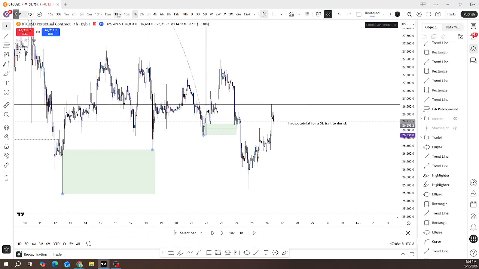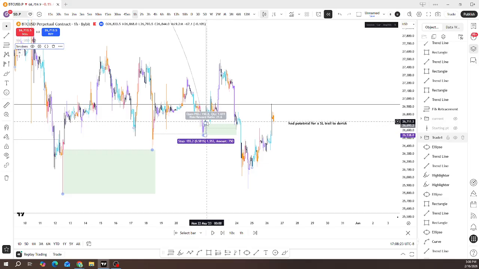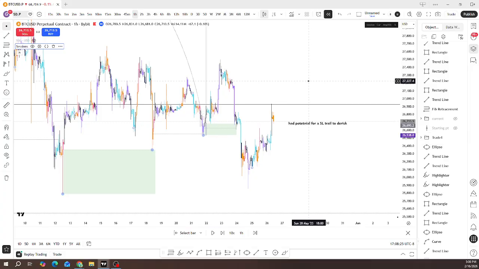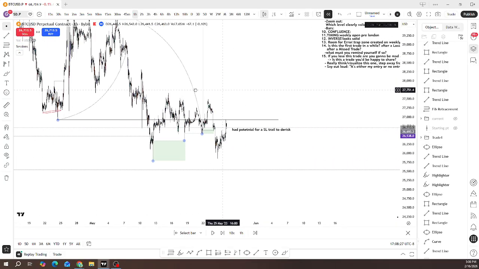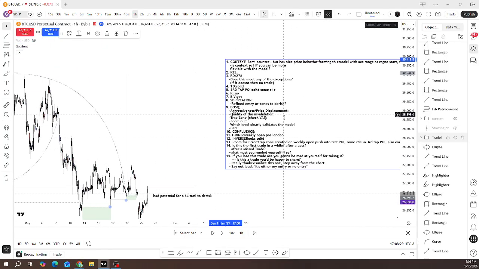So yeah, that was the manipulated push with the Asia push down with the London break, with the pre-London break. So that's fine.